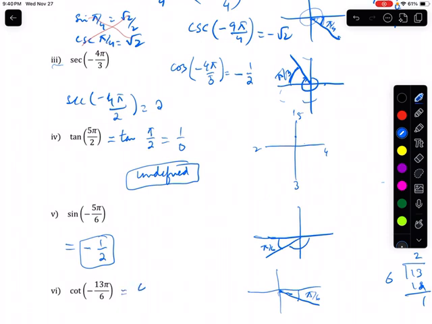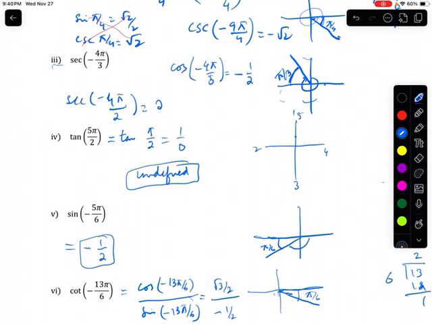So this will be the same as cosine of negative 13 pi over 6 divided by sine of negative 13 pi over 6. Cosine of negative 13 pi over 6 will be the same as cosine of pi over 6, because in the fourth quadrant cosine is positive. So cosine of pi over 6 is square root of 3 over 2, divided by sine of negative 13 pi over 6. Now the sine will be negative 1/2.